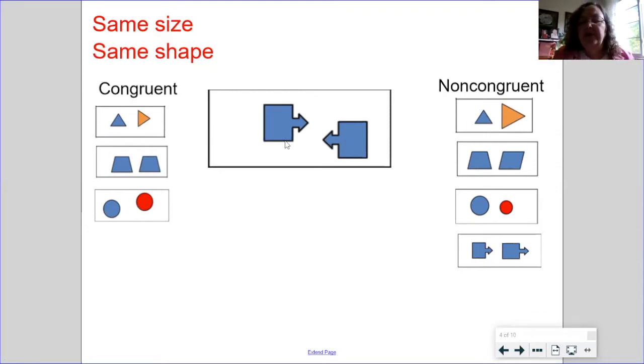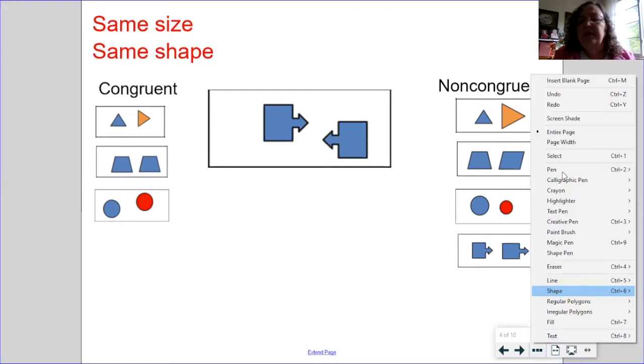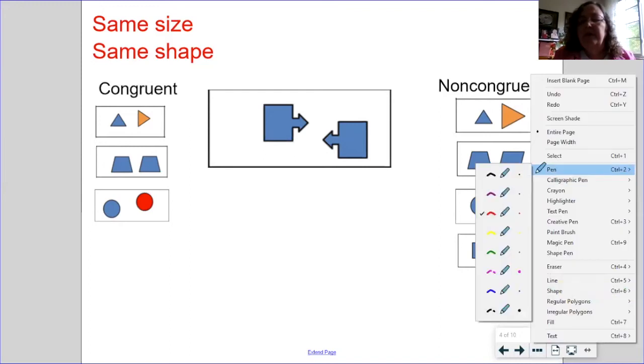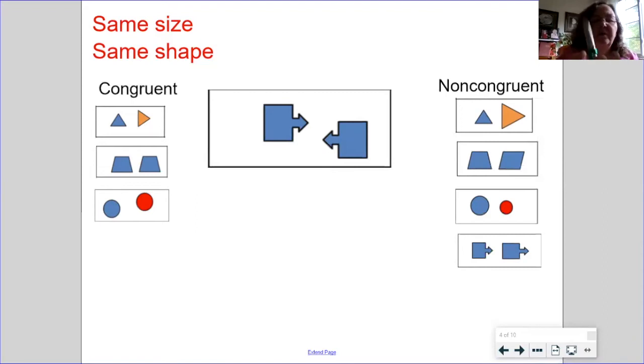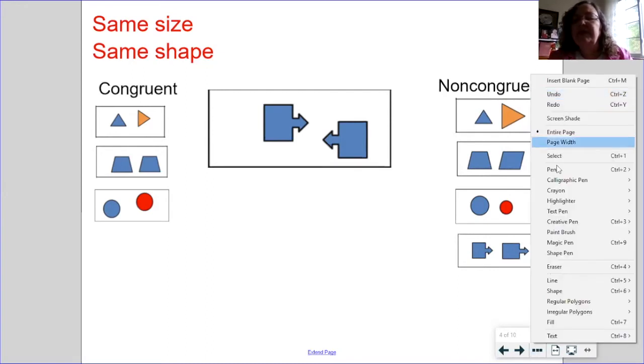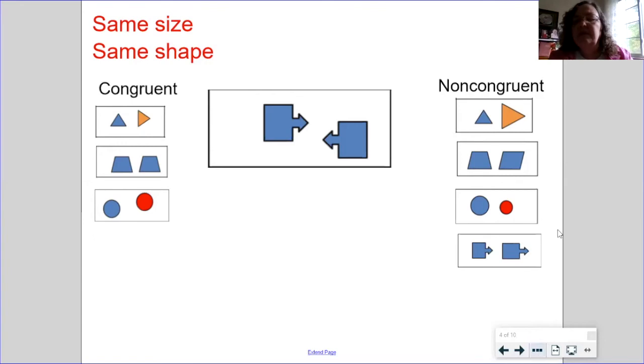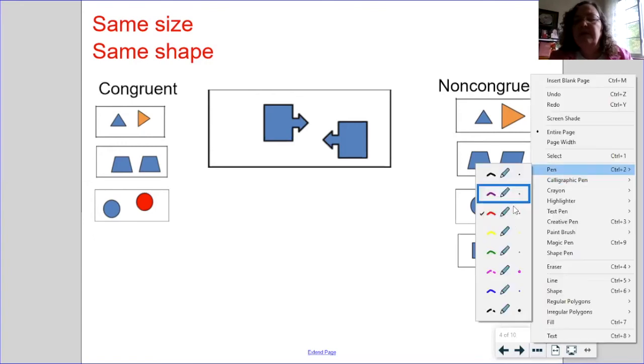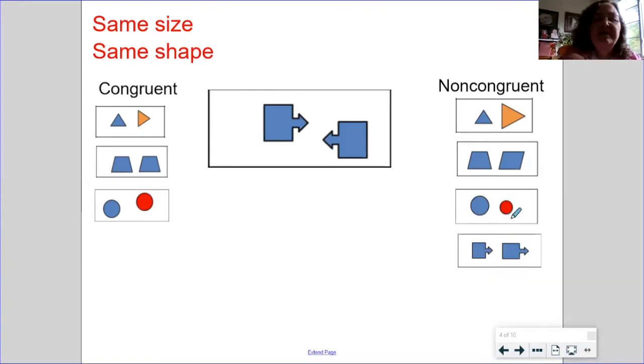Oops, still not working. Okay, try one more time. Now I'm going to trace over this one.